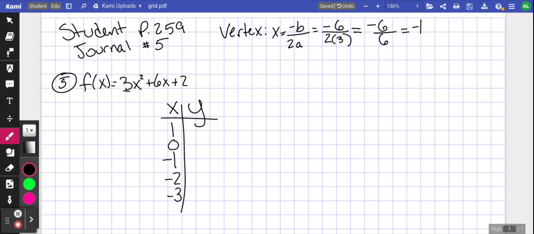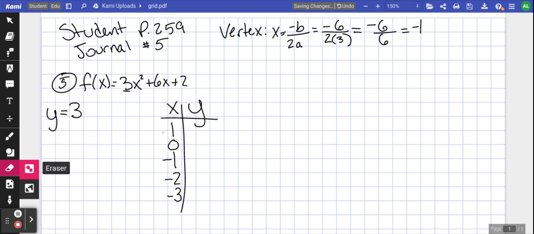Really, I don't have much of a shortcut for the first couple numbers. What I have to do is just start plugging stuff in. I'm trying to find my y value, so I'm really just swapping f of x for y here. I have 3 times x squared, and my x for this first point is 1.